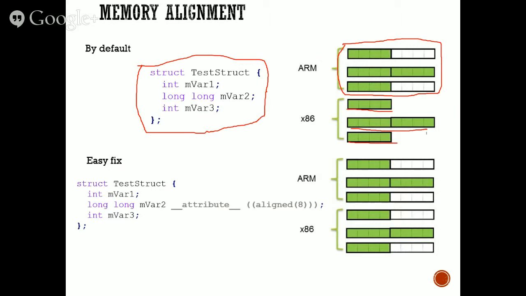The easiest fix for this would be to ensure that you have the double aligned flag set for x86 architecture, so that for both ARM as well as x86 architecture, it allocates the same number of blocks.